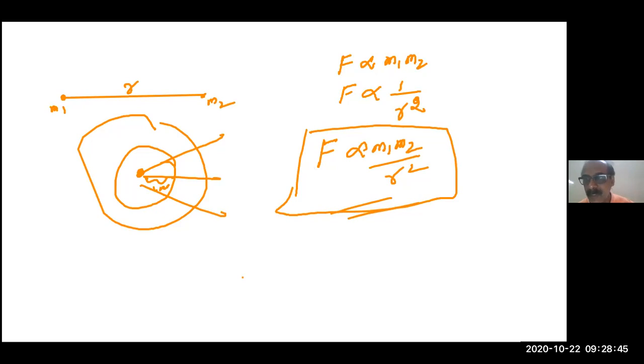How many times will that force decrease? By the square of the distance, right? Why is it square? Why is it not r or r cubed? I don't know, sir. That's the question, sir.